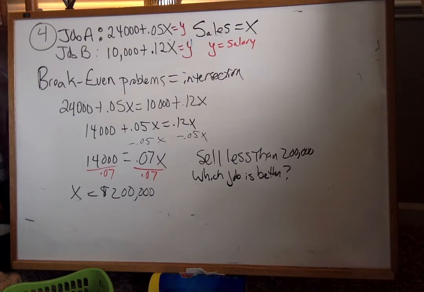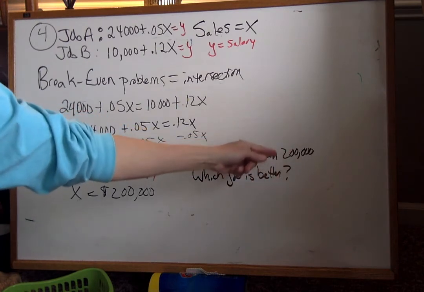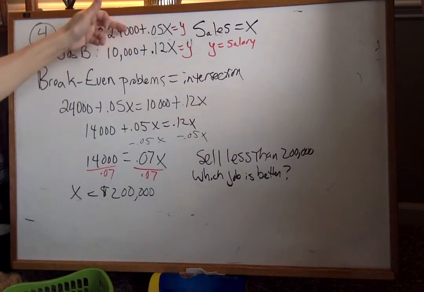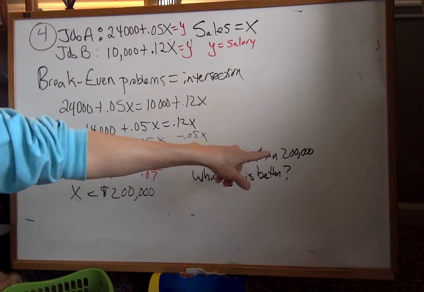Make your life easy. I see so many students, they'll say, oh, well, okay, I'll just think of 150,000. Then they have to go put it in there and do all the math on the calculator. Make your life easy. In general, and just in mathematics, we love zeros and ones. They make life easy. What about if I'm the suckiest salesman ever and I'm scared to death and I'm actually going to sell 0? 0 is less than 200,000, right?